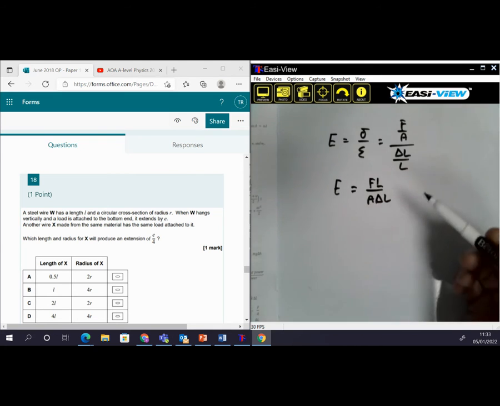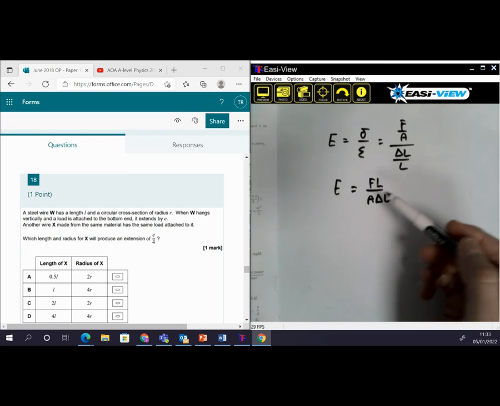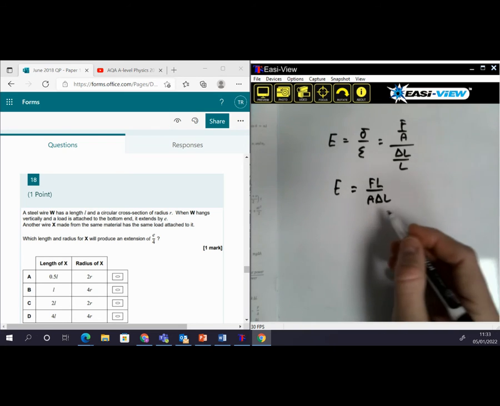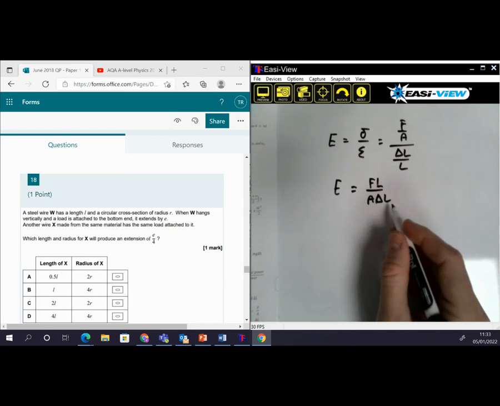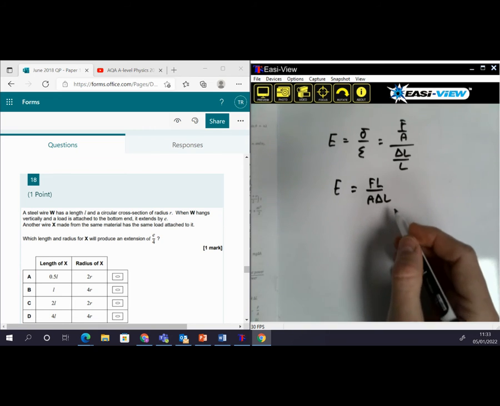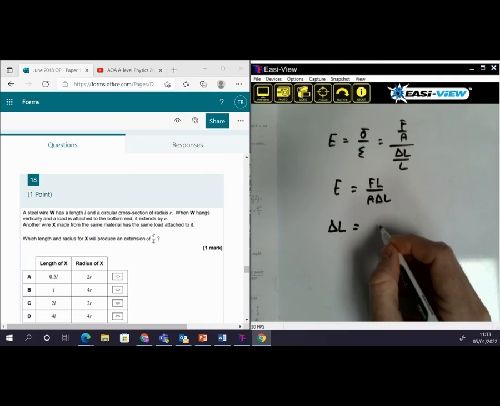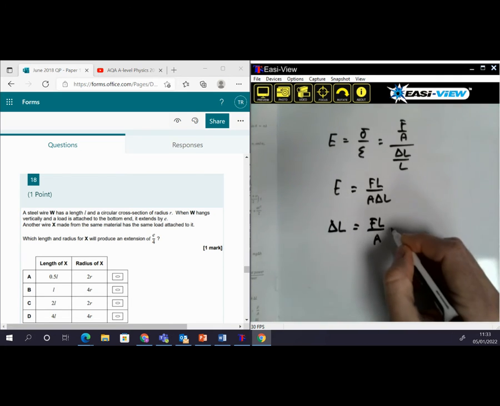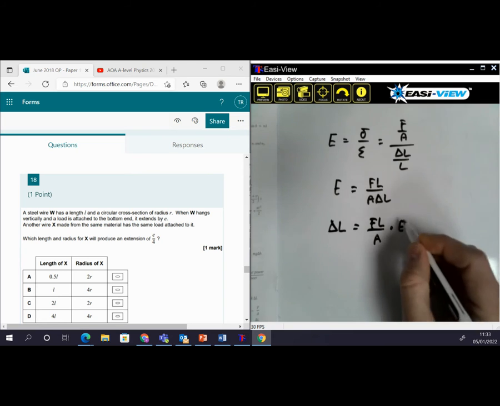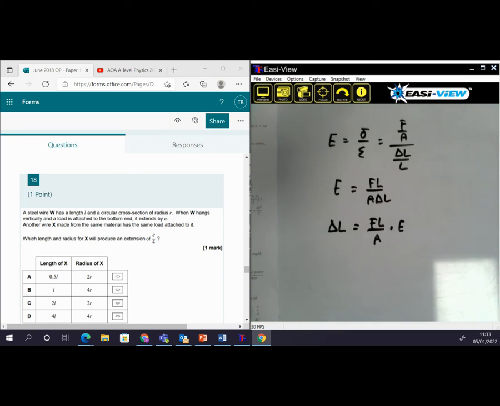Now, the reason why I've done that is so we can see the relationship between these values. What I would then do is rearrange for delta L to see what delta L depends on. So delta L is equal to FL over A multiplied by the Young's modulus, which in this question is a constant.